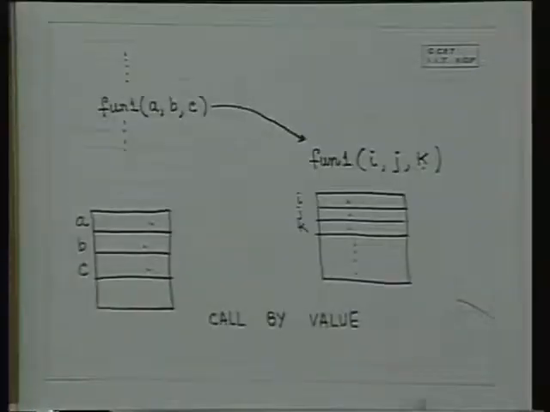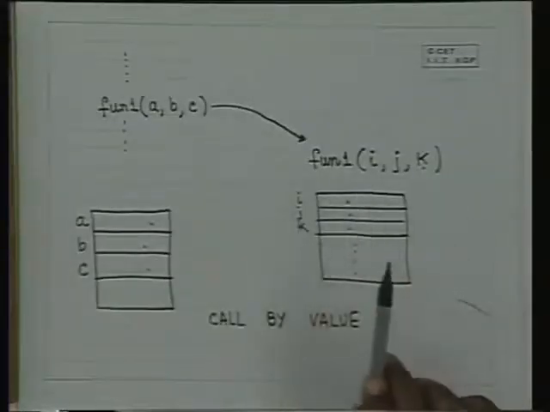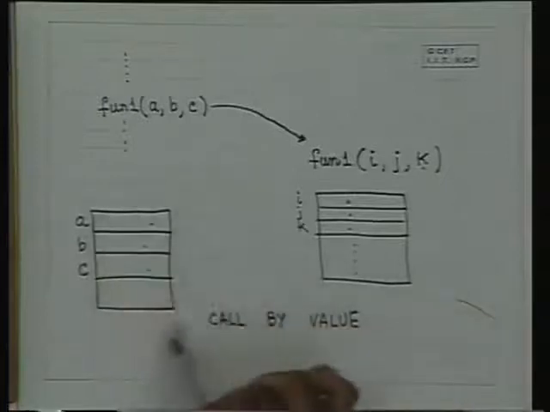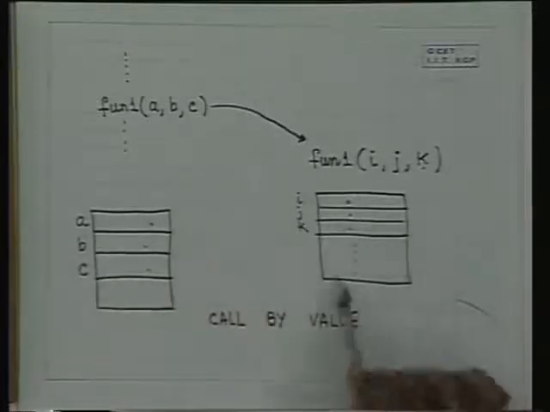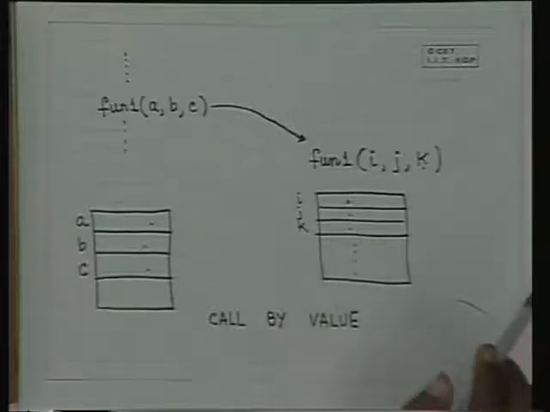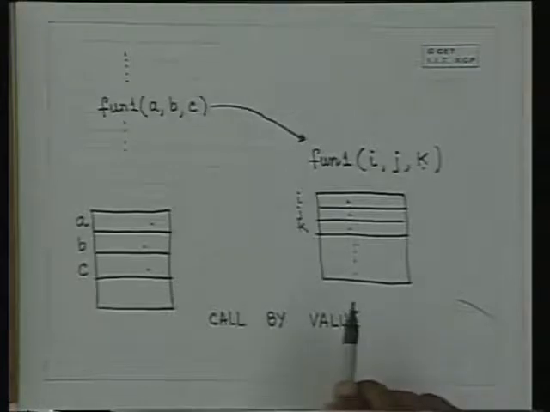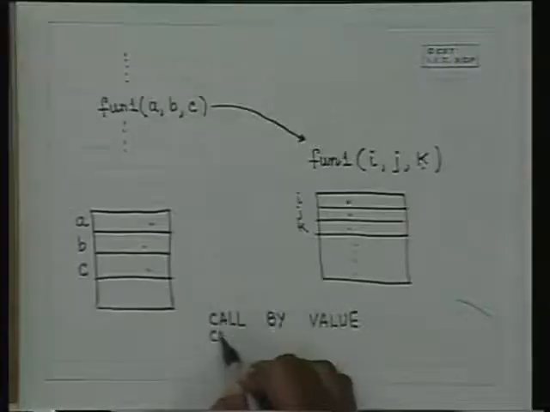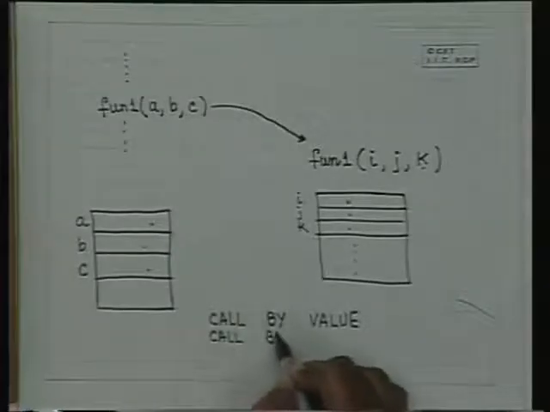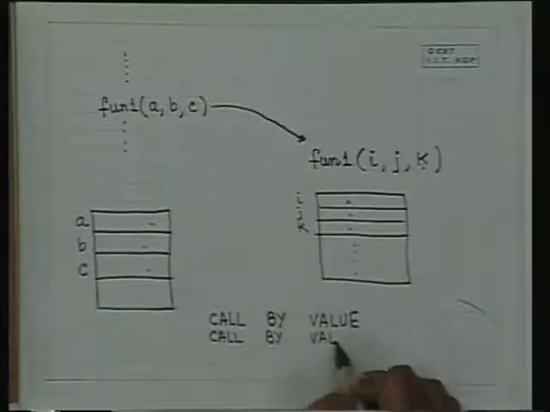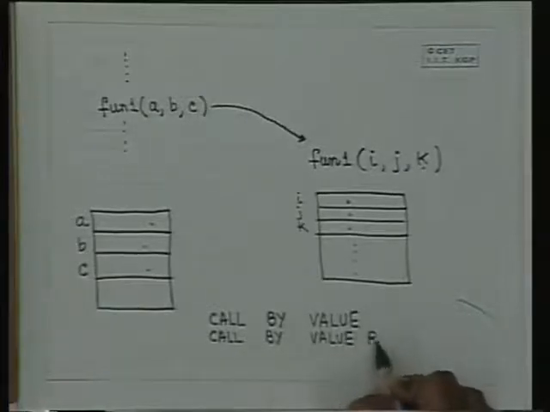So they are copied into the local variables and the function is executed, and after the function is over these are deallocated. We shall see how this allocation and deallocation and memory access is done a little later on in more involved examples. In other programming languages there are slight variations. There is a variation called call by value result.